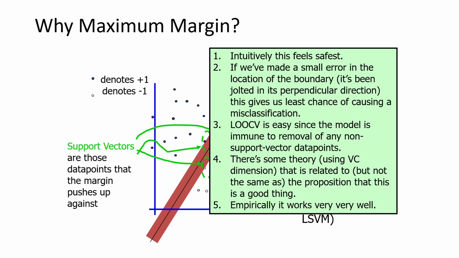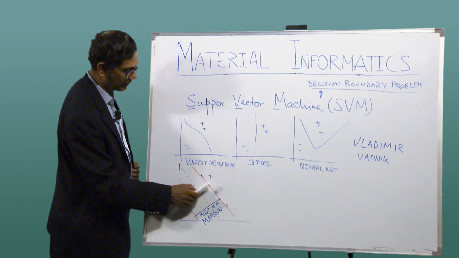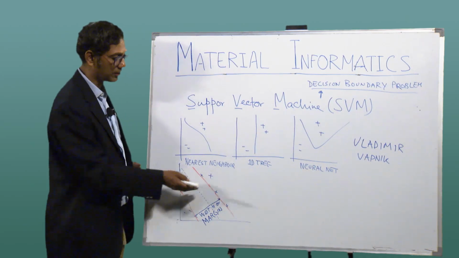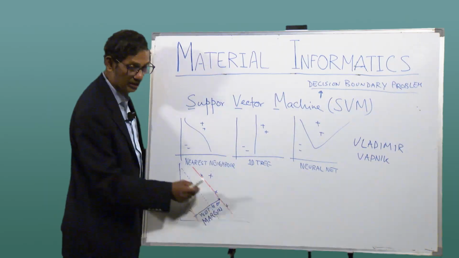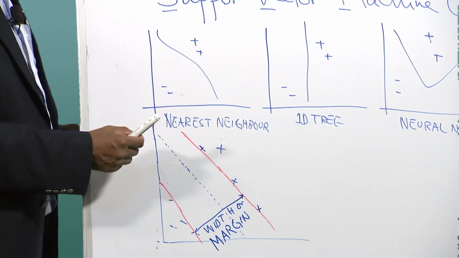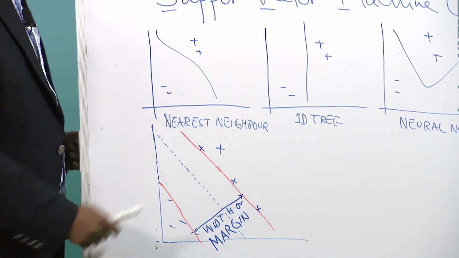And secondly, if we make a small error in the location of the boundary, let us say it has been jolted a little bit in the perpendicular direction, this gives us the least chance of causing a misclassification. So if I make a small mistake in drawing the line, let us say I push the line a little farther to the right side, still because I have drawn the center line nicely, I will not make much mistake in the classification of the data points.